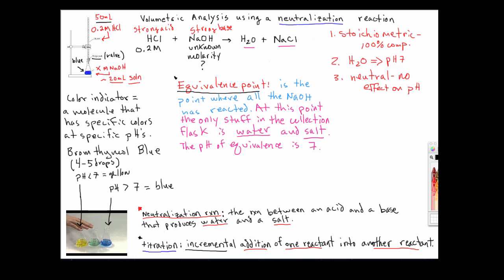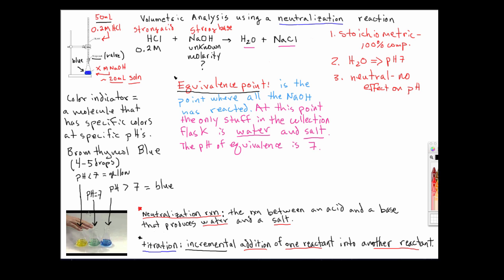So this is what bromethymol blue looks like if we had added the 4 or 5 drops to the hydrochloric acid that's actually in the burette. Then the solution would be yellow. And then notice the flask in the middle. It is green, and this is where pH is equal to 7.